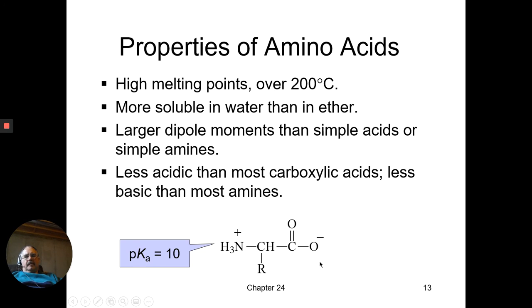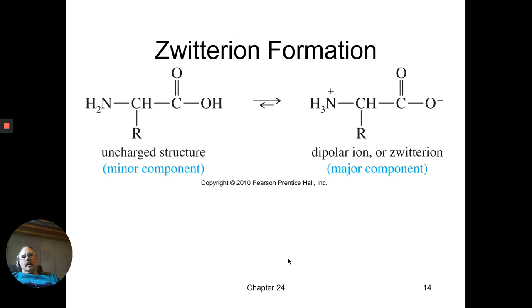Okay, at the isoelectric point, this is the dominant species where both of these groups are charged. Okay, this is called a dipolar ion or zwitterion. So at the isoelectric point, the dipolar ion is the dominant species.